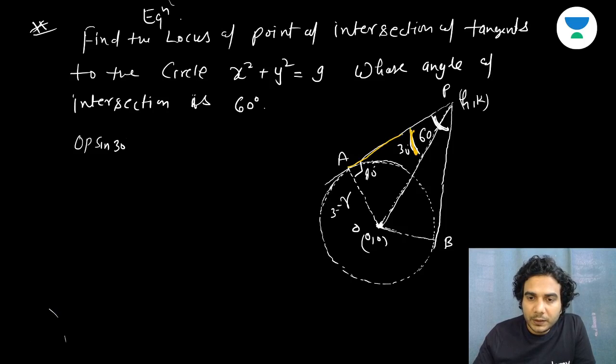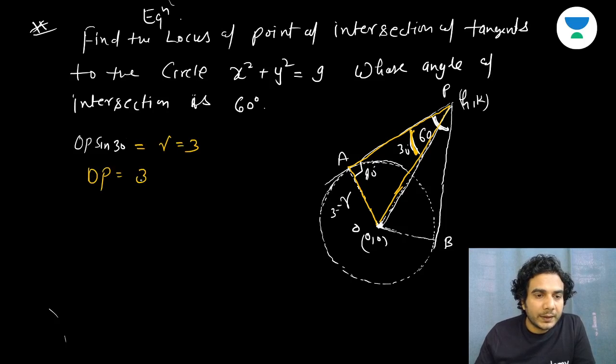I'm using this right angle triangle. So OP sin 30, the vertical projection of the hypotenuse, is equal to the radius R, which is 3. So OP = 3 into sin 30 inverse, sin 30 is 1/2, so it is 3 into 2, which is 6. OP is equal to 6.